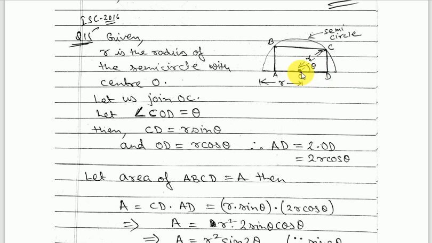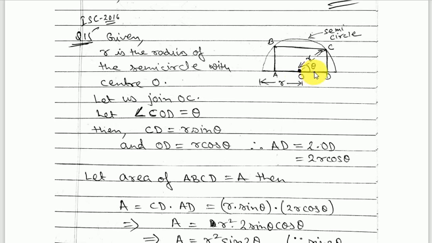So OD is r cos theta and CD is r sin theta, where r is constant, because they have said in the question that r is given. So r is constant, theta is variable for us.